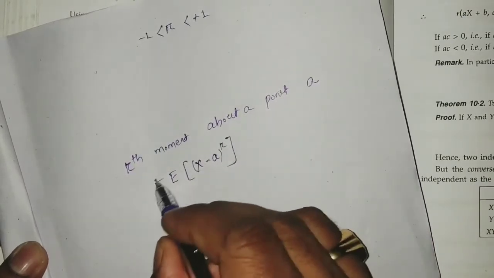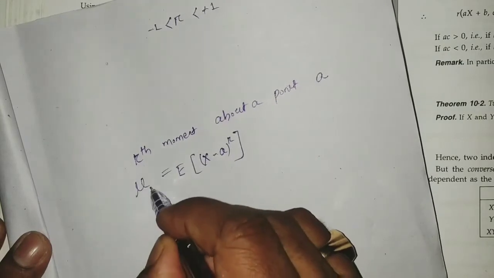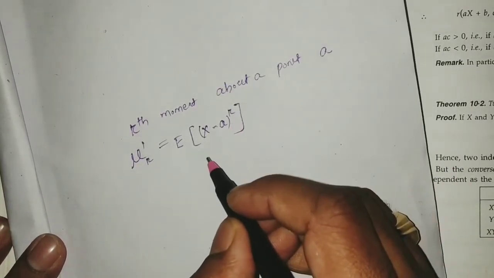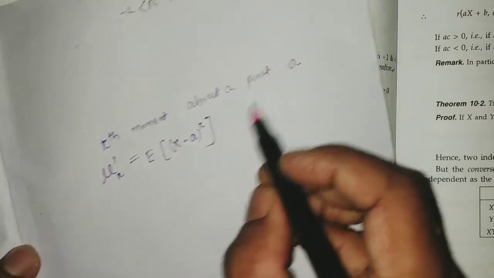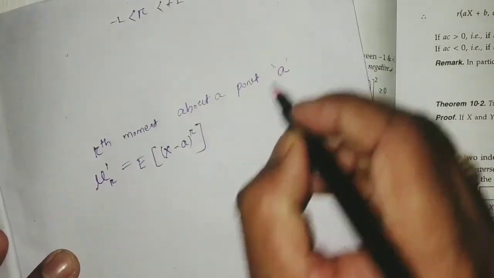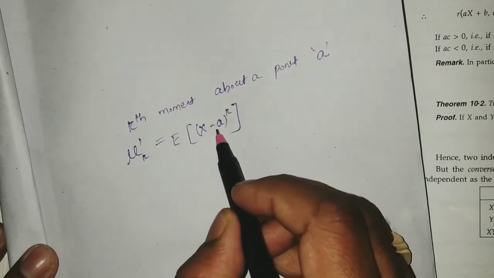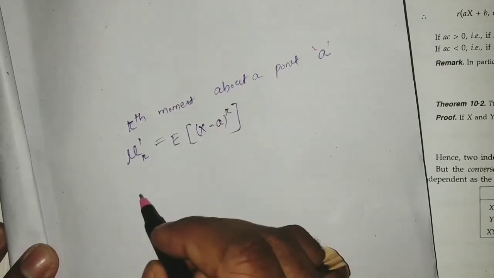This is nothing but your rth moment, right? So if we consider the rth moment about a point a, we have to write the expectation of x minus a to the power r.